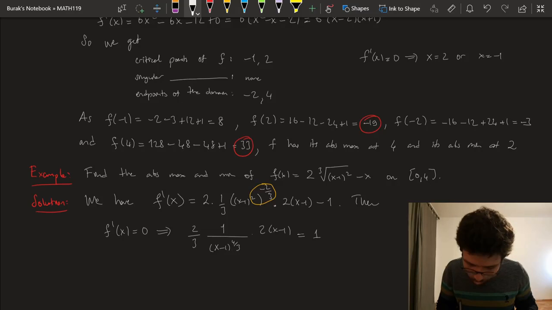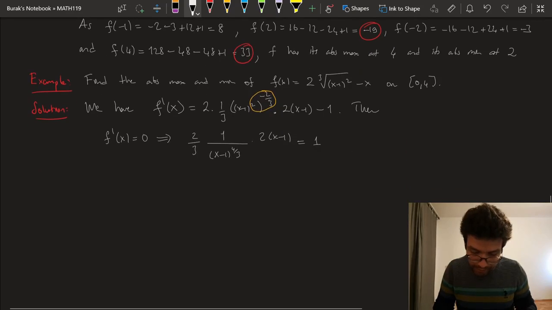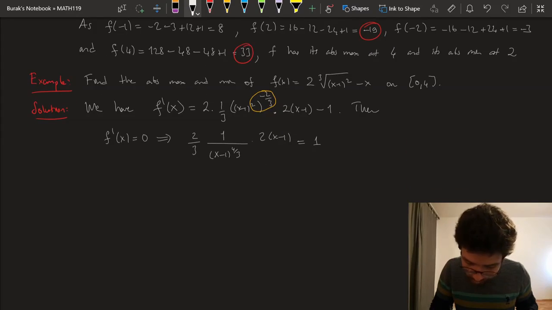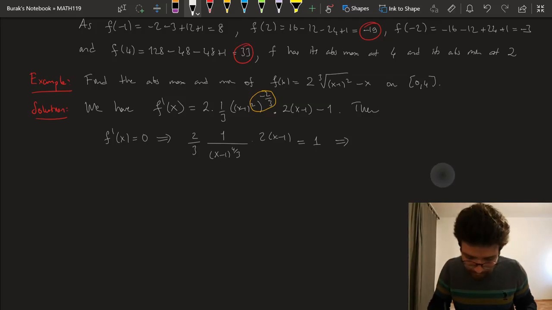This will be equal to 1. I'm setting this equal to 0, putting 1 on the other side, and I get this. And then this will give you what?